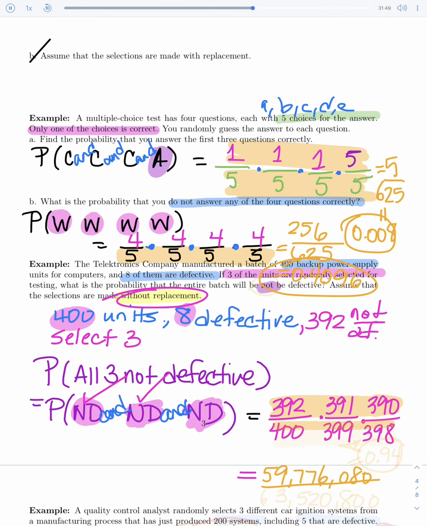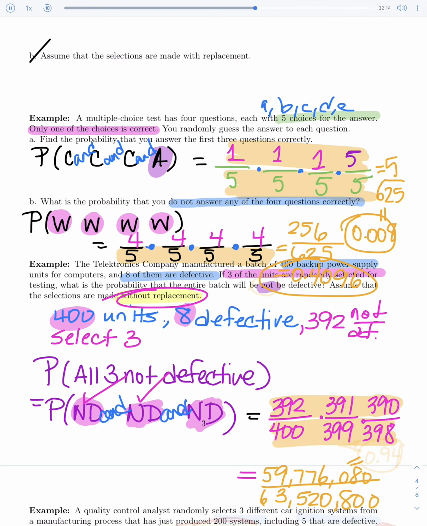And then we still have to do the same thing for the bottom. We have to multiply out the 400 times 399 times 398. And I'm getting 63,520,800. And then to get my actual probability, I need to take these 2 and divide.